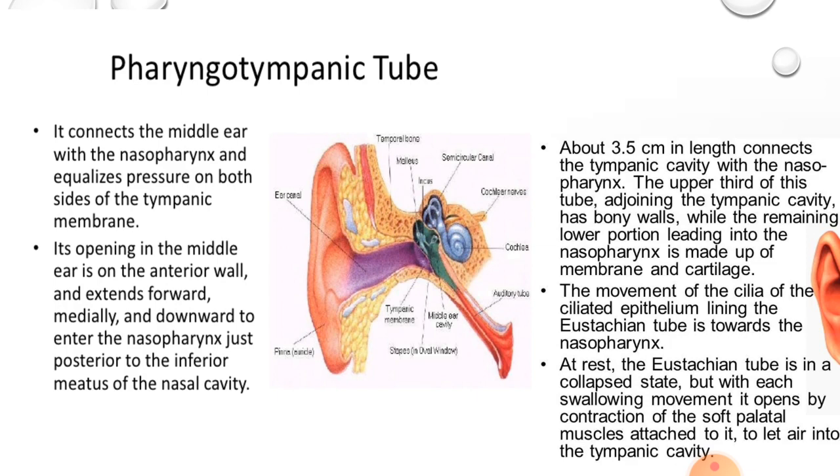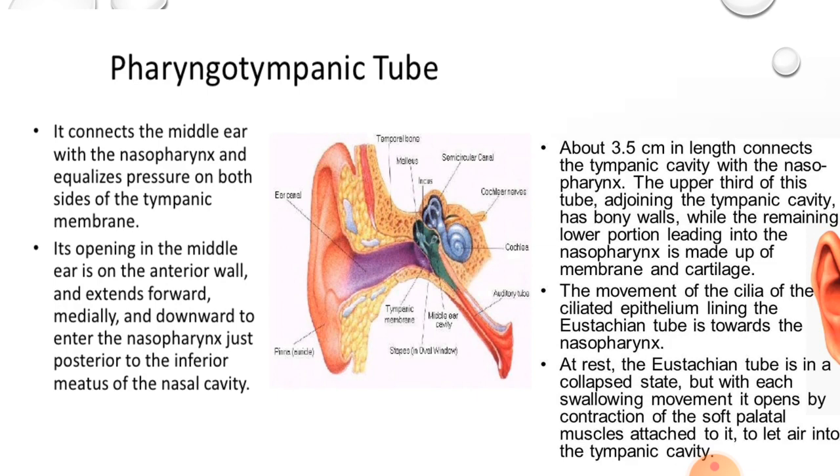Its opening in the middle ear is on the anterior wall and it extends forward, medially and downwards to enter the nasopharynx just posterior to the inferior meatus of the nasal cavity. It is about 3.5 centimeters in length. The upper third of this tube adjoining the tympanic cavity has bony walls, while the remaining lower portion leading into the nasopharynx is made up of membrane and cartilage.